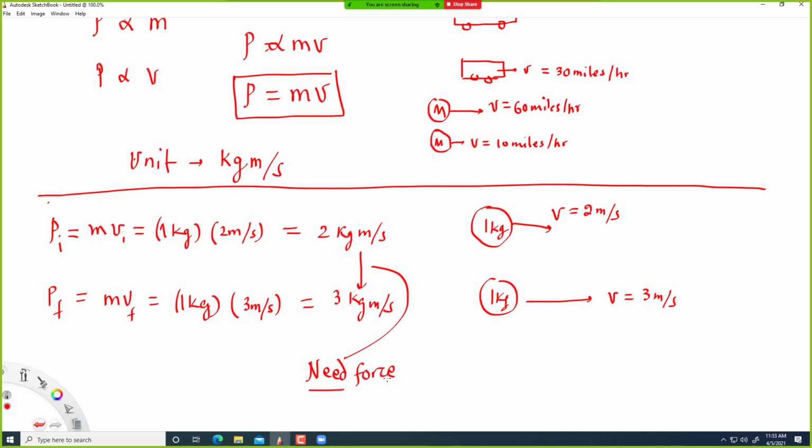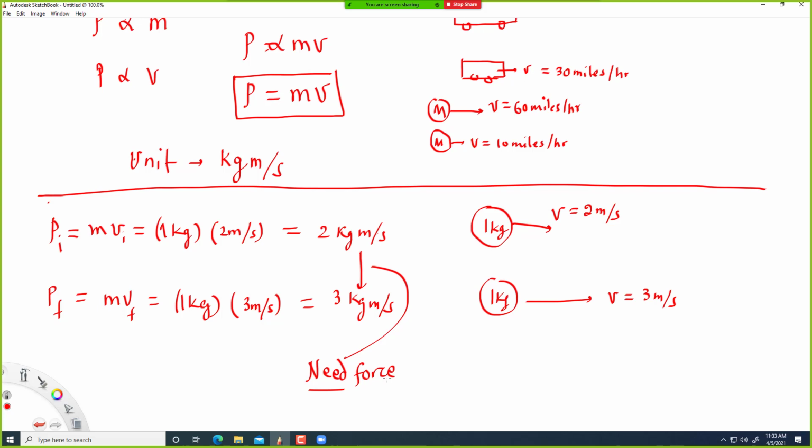I want to change the momentum of the two objects, and we know that I need to apply some force to change the momentum.